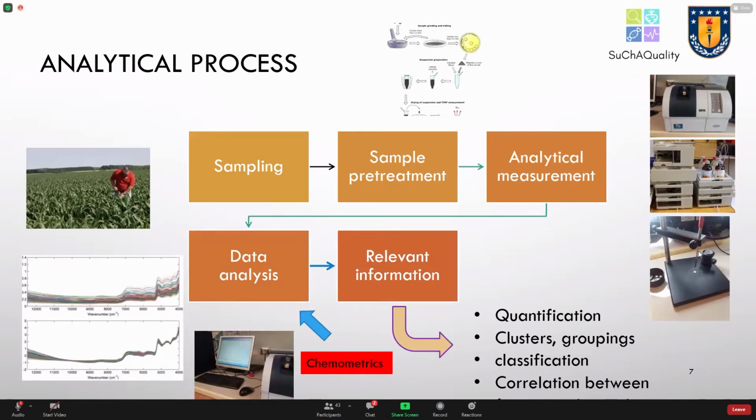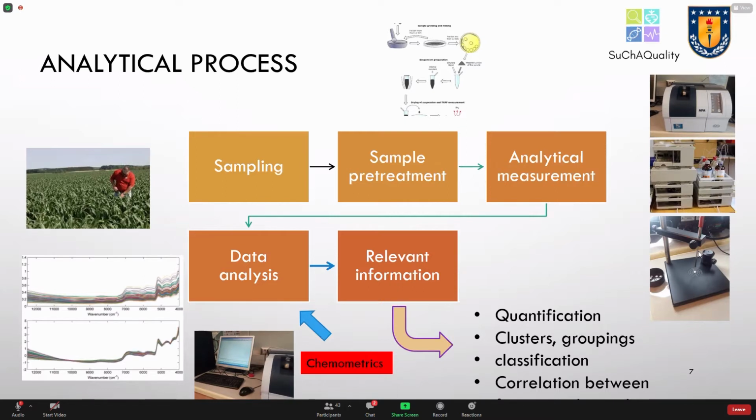But when, how, and why do we need to use chemometrics? I want to remind you of the analytical process flowchart. This process begins with a sampling step, and then the obtained samples are submitted to different pretreatments. Some techniques require more pretreatment, and some techniques, like for example NIR that we saw early in the morning, do not.